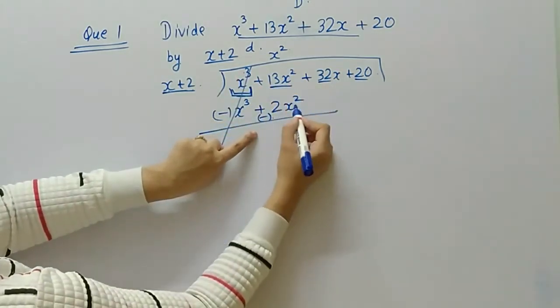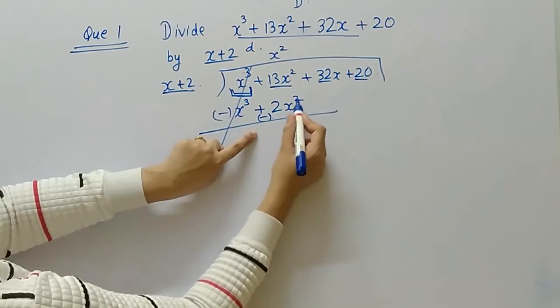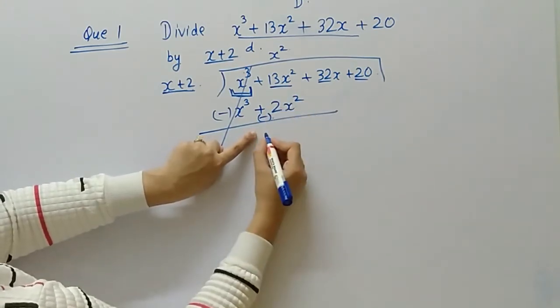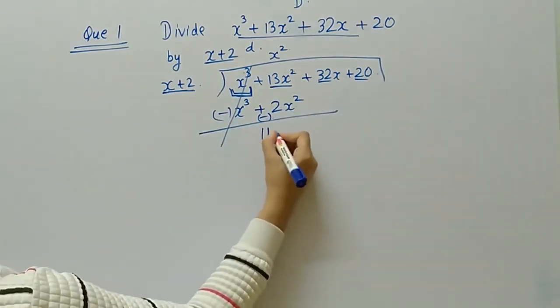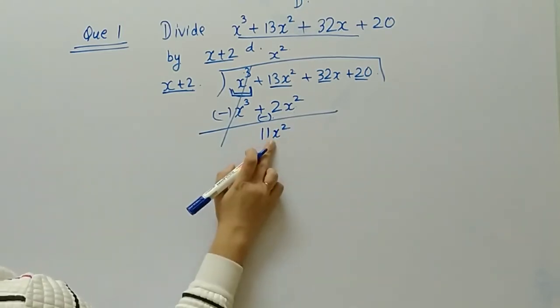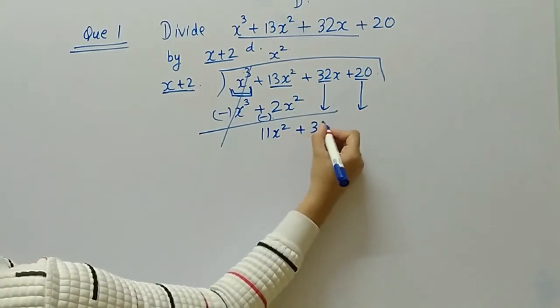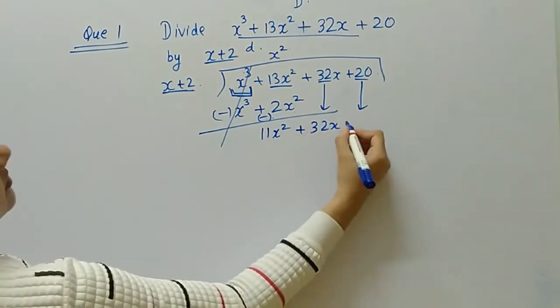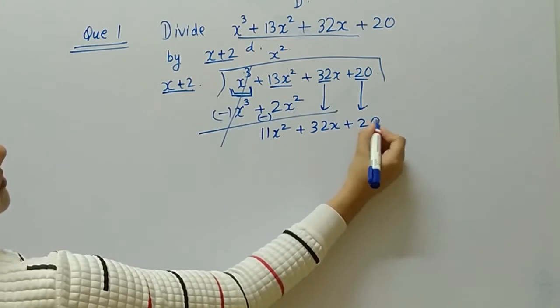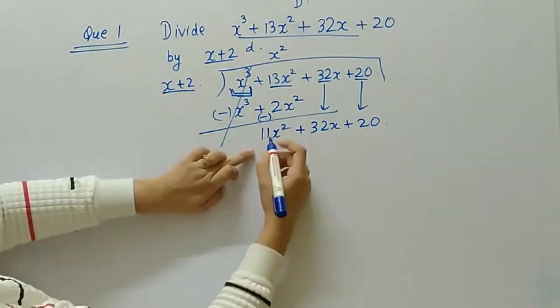And 13x square minus 2x square, so 13 minus 2 is equal to 11x square. And we will write the remaining terms as it is. So we will get plus 32x plus 20.